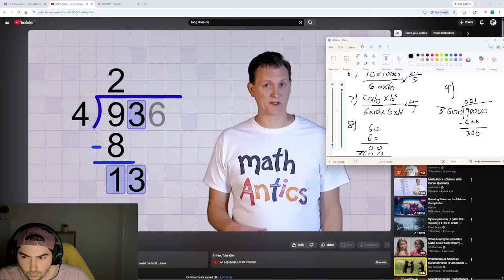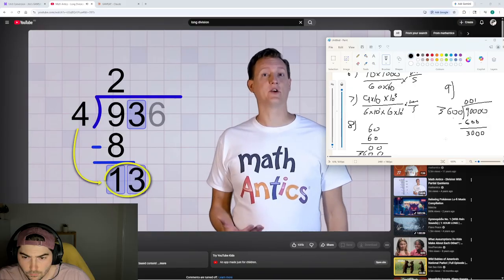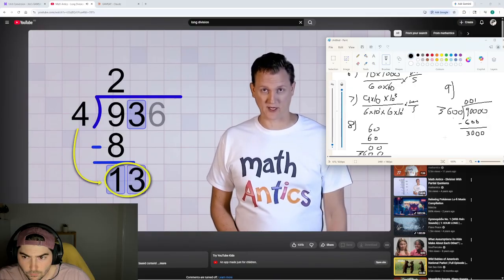And that's good because before the remainder was so small that 4 couldn't divide into it. But now it's 13 and 4 will divide into 13.